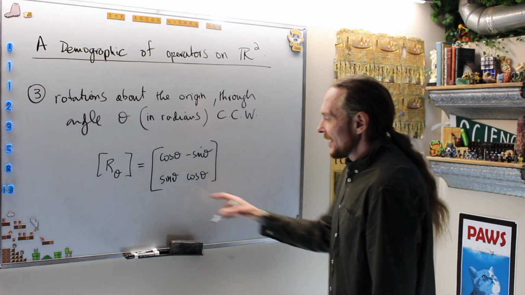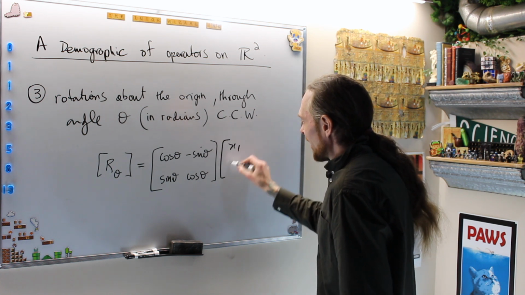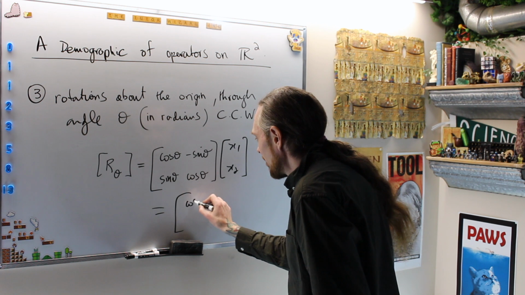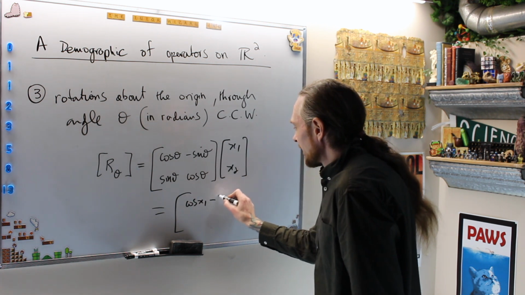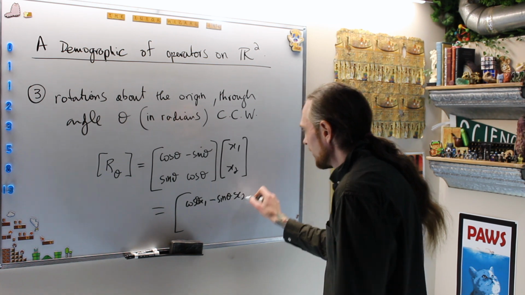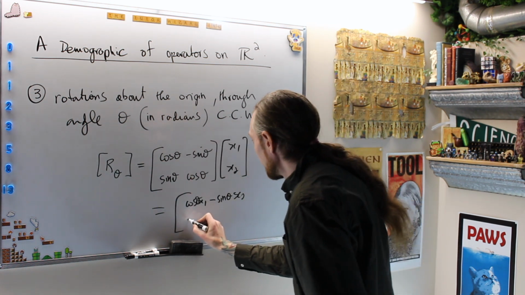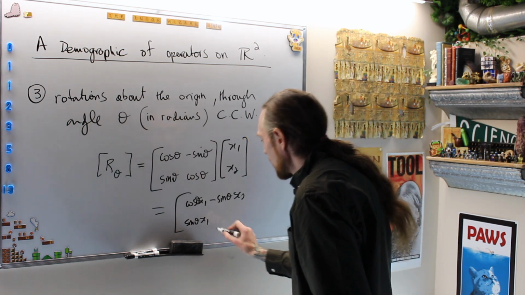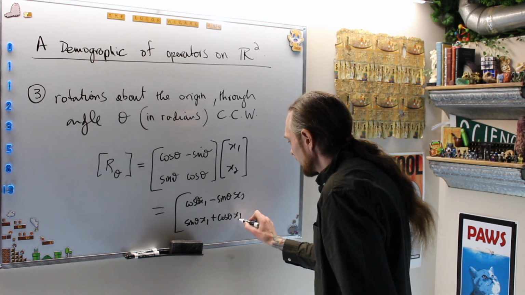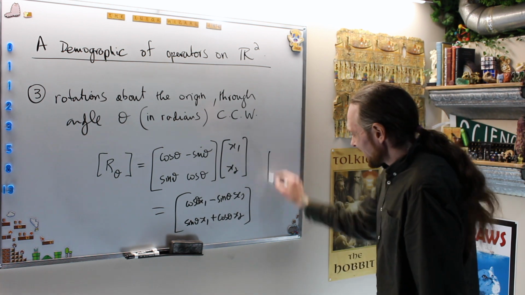And what does that say? What that's really saying is what is happening. If I applied that to x1, x2, that would give me cos theta x1 minus sine theta x2, and then sine theta x1 plus cos theta x2. And so, cheating, that's what it's saying.